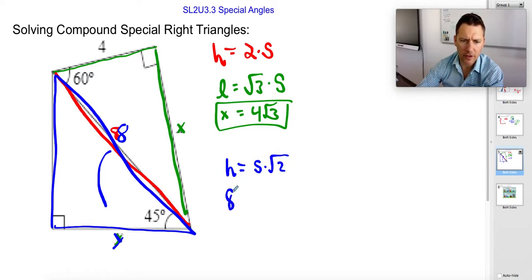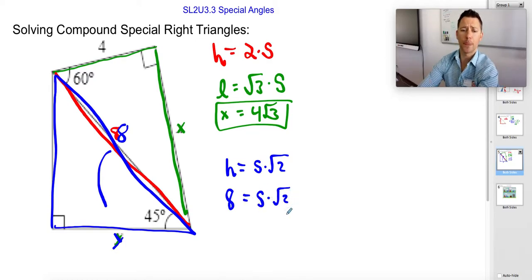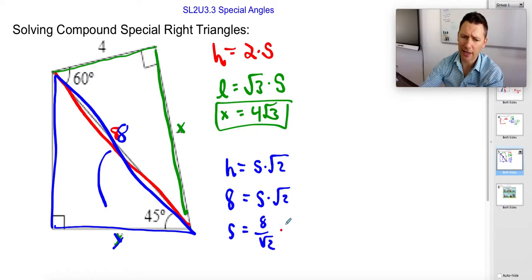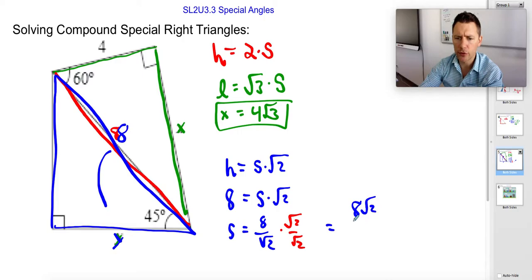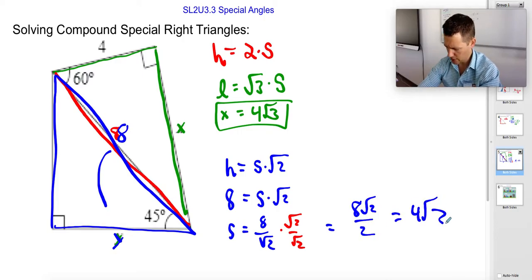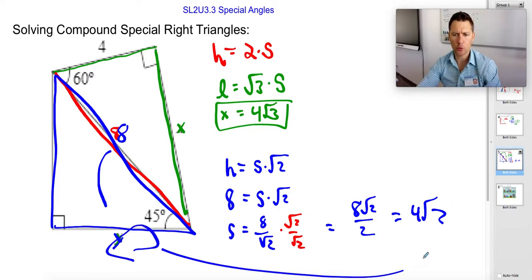I know the hypotenuse is 8, so we divide by root 2, and so S is really 8 over root 2. Because we're math champions, we rationalize the denominator, and so we end up with 8 root 2 over 2, or 4 root 2. Yeah, sweet. There it is.